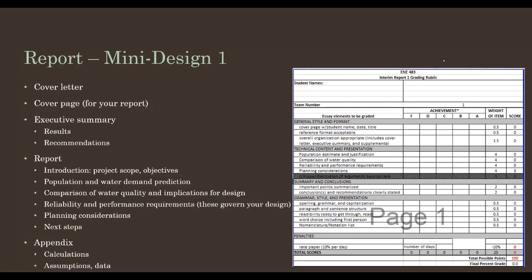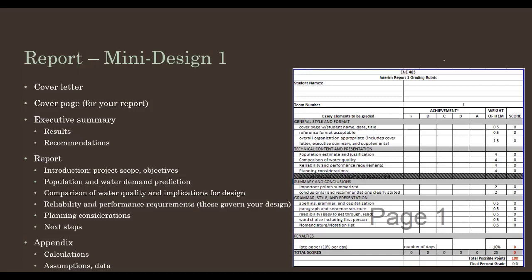So in these design reports, these are not a research report. You are an engineer. You are providing recommendations. So when you're thinking about these reports, don't think of them as a research paper that you would provide for another course.